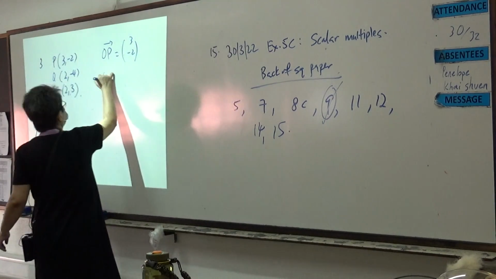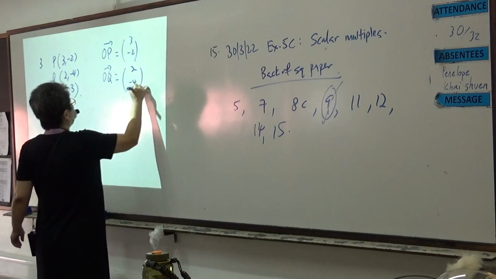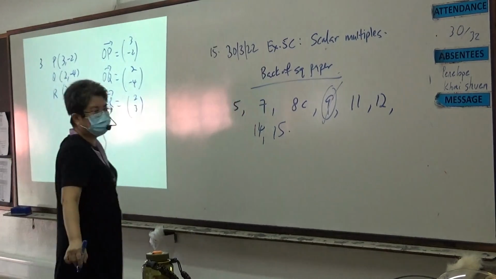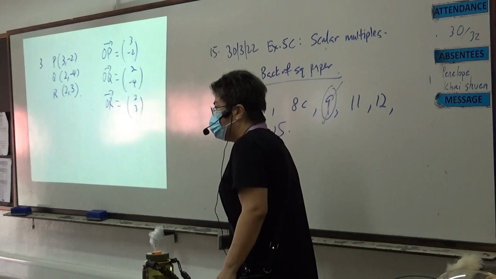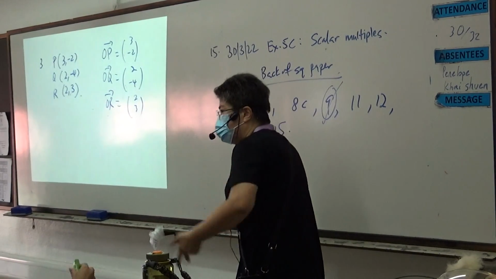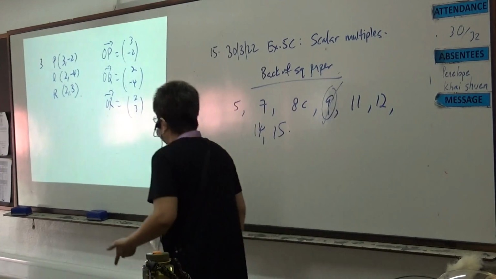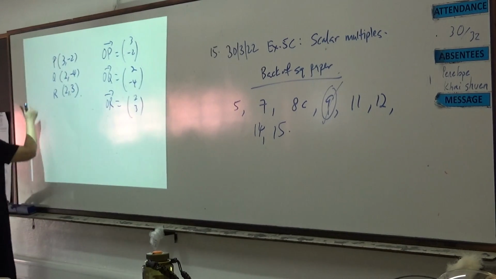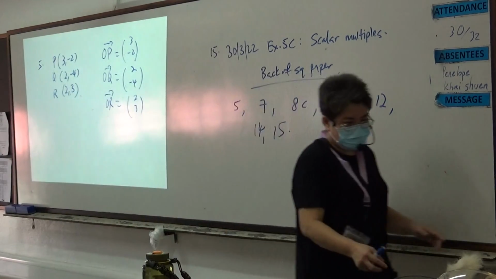What about OQ? 2 negative 4. What about OR? 2, 3. This is what you should write down whenever you have this type of question. Remember I said the coordinate will be the position vector just now? I'm talking about question number 5. Did I write wrongly? I wrote number 3 now. Okay, I wrote number 3 about. So question number 5, a mistake. Everybody okay?